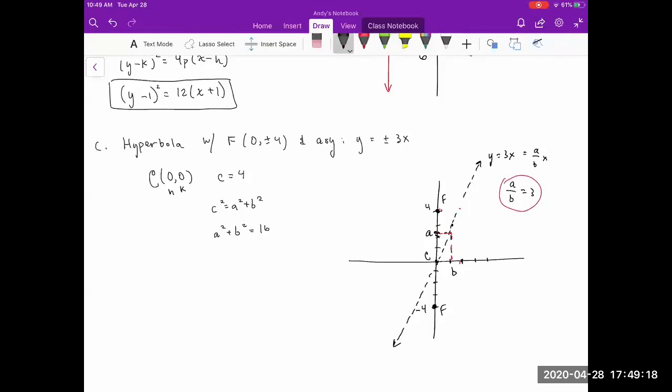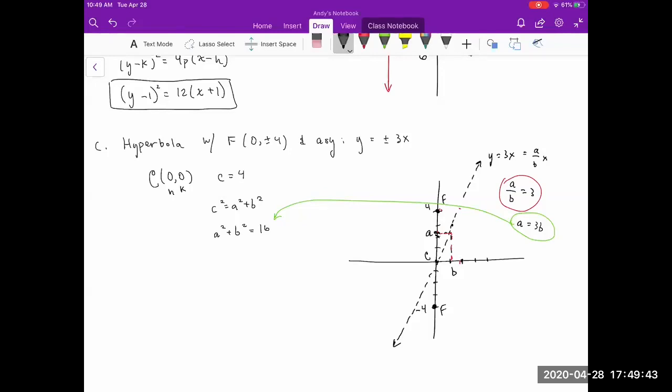So if you multiply by b, you get a is equal to 3b. And if you plug that into this, you get an equation for b. It may not be the only way of doing it, but it's the only way I see of doing it in general right now. It's a little crazy, but we're almost there.